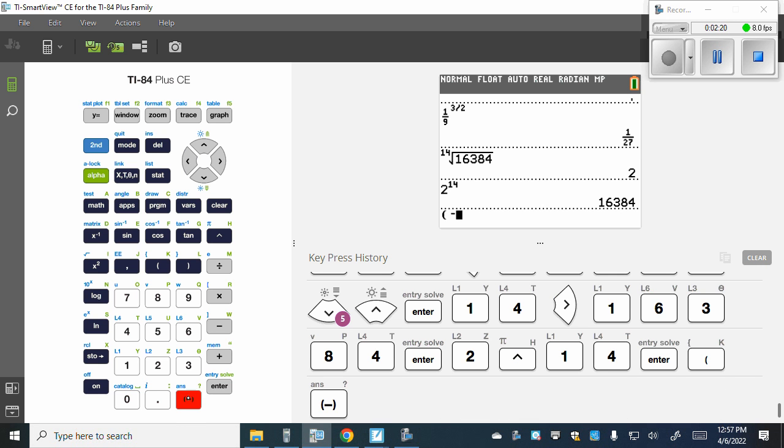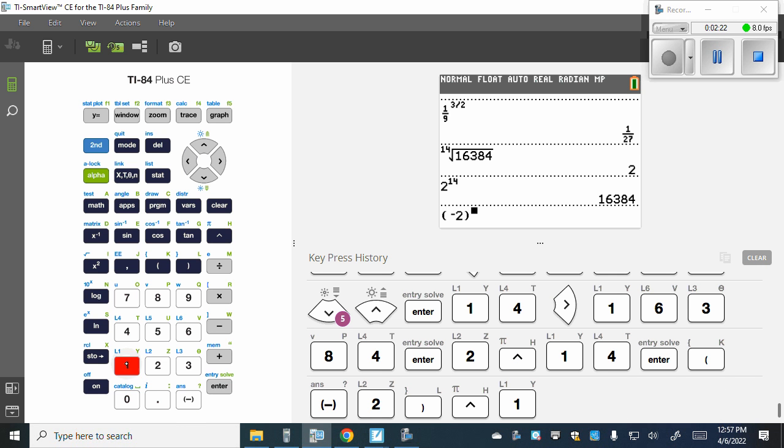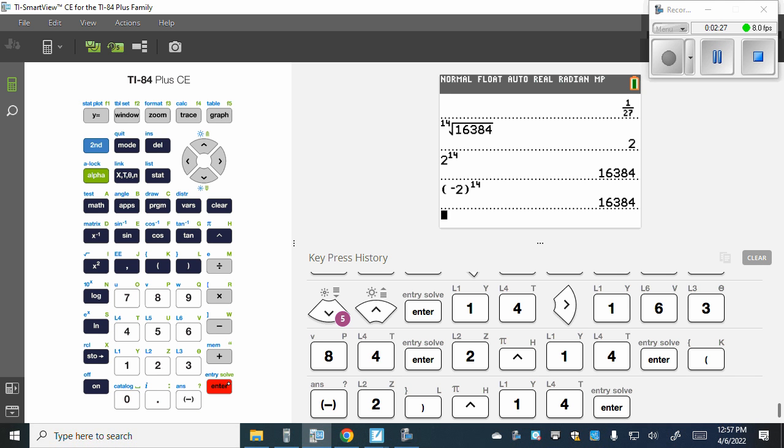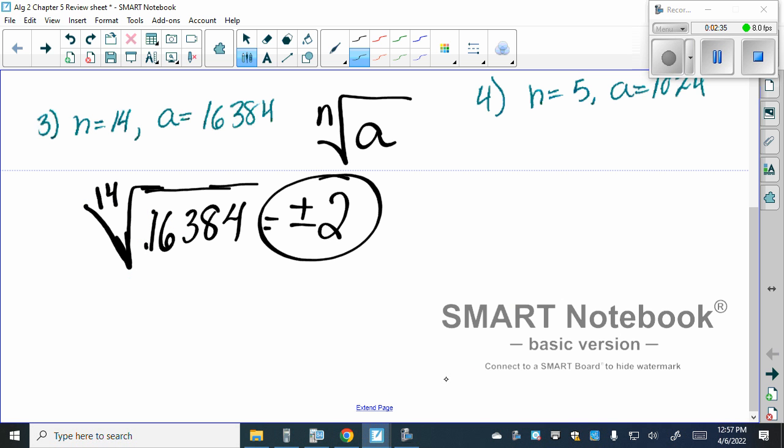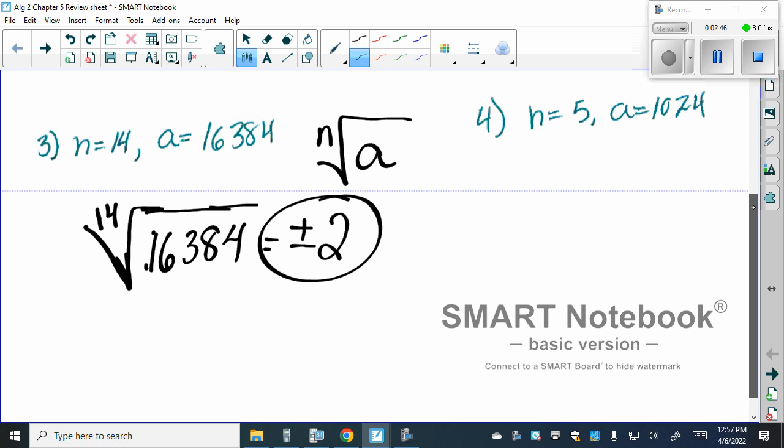And if we take negative 2 to the 14th power, we still get 16,384. We get the same thing. On the rest of the test, we don't have to worry so much about the plus or minus unless we're solving and taking the square root of both sides using our square root method. But for these first ones, if it's an even root, we need to add the plus or minus.